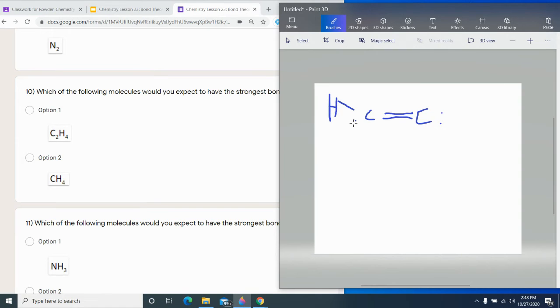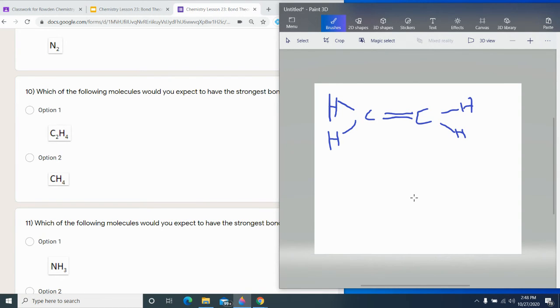Bonded to an H. That might be sloppier than the last time I tried. Bonded to an H. And this one is bonded to an H. And then this one bonded to an H. Okay, so we have a double bond right there. That's the strongest bond in that.